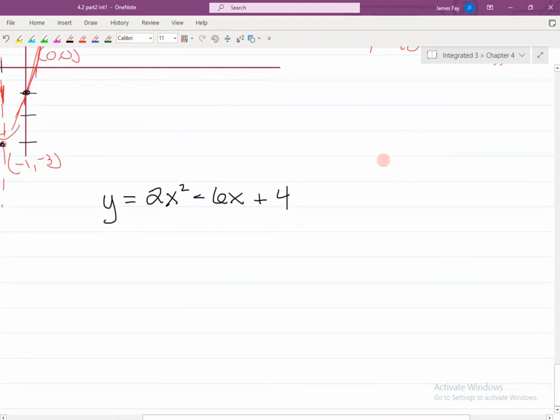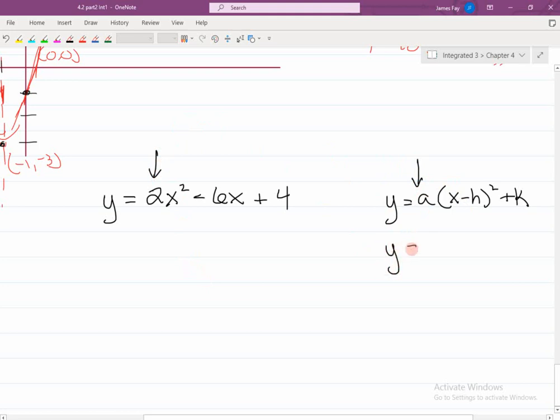Vertex form, remember, is y equals a times x minus h squared plus k.